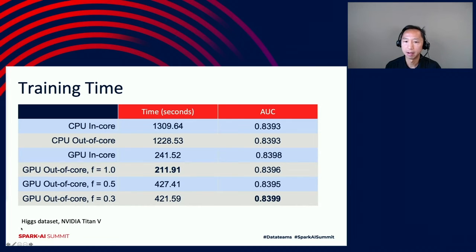So it's slightly faster than doing the transformation on the whole data set. And once we start doing sampling, because there's some cost associated with sampling at the beginning of each tree, the training time is slightly slower. But in terms of accuracy, it's pretty much equivalent. For some combinations of hyperparameters, we can actually see some improvement in accuracy.